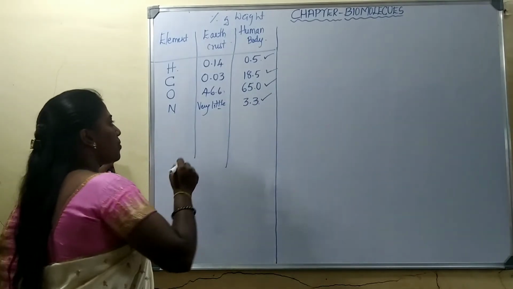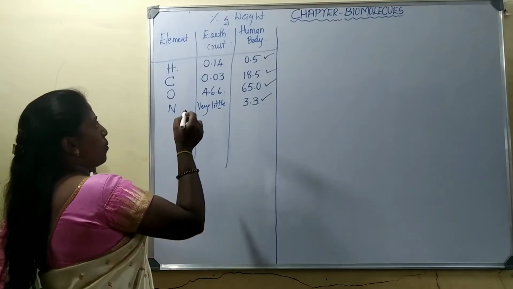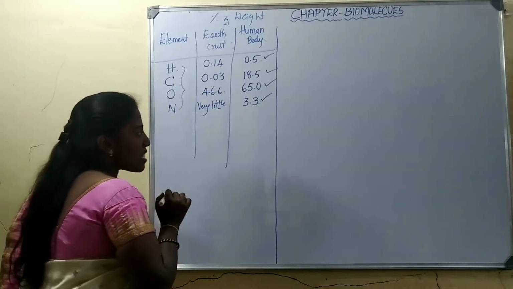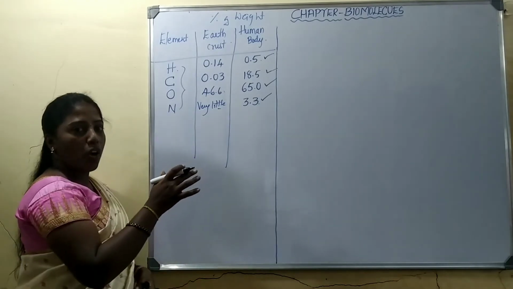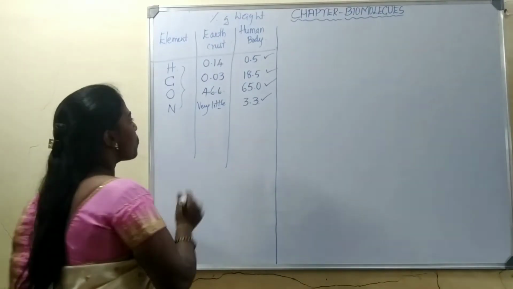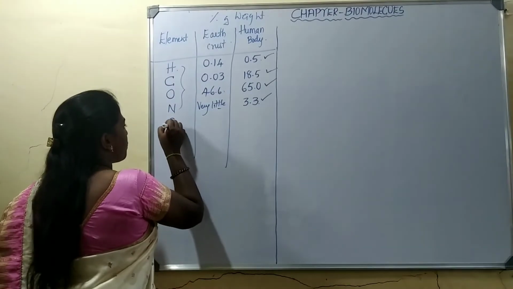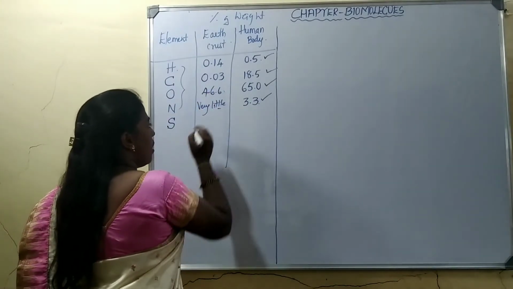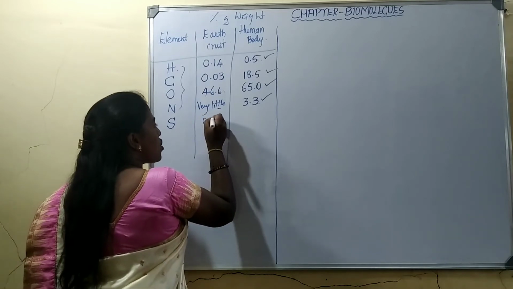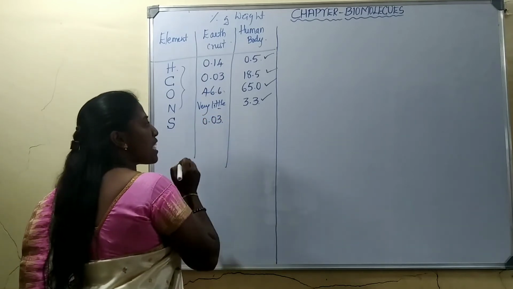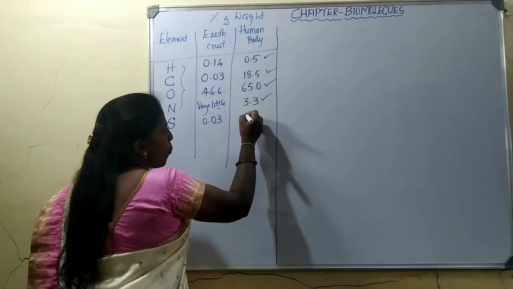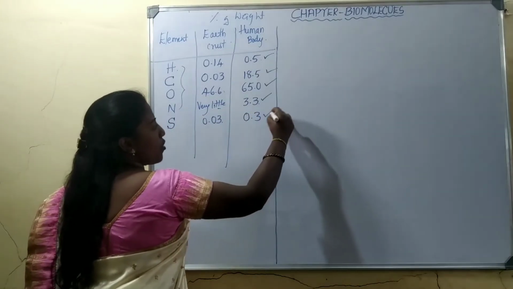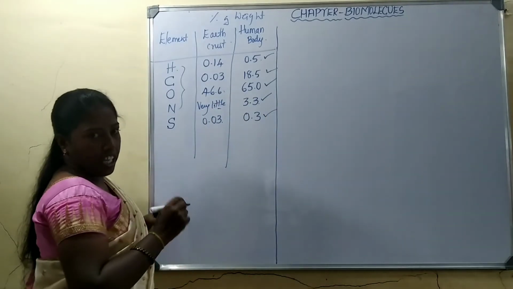As we have seen in the first class itself, these four elements contribute around 97 to 99% of the living organisms. The next one is sulfur. Sulfur in case of earth crust is 0.03%, whereas in case of living it is 0.3%. It is also found in a large amount in case of human body.